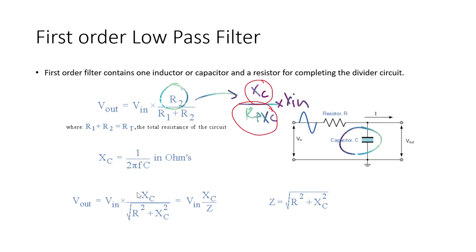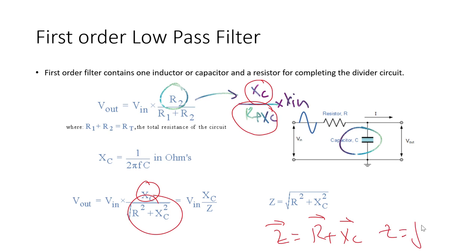So that will become Xc divided by this thing, which is actually the Z. So Z is equal to R plus Xc in its complex values, or Z is equal to the square root of R square plus Xc square in its magnitude. So this is only the magnitude of that phasor, and Z is again this thing. This is replaced in this equation.